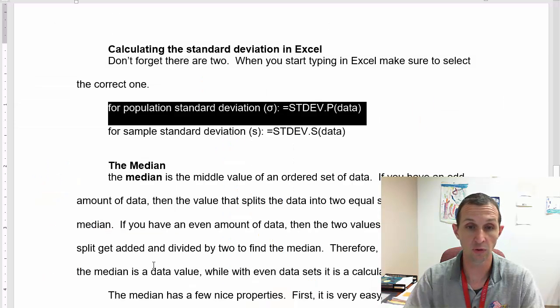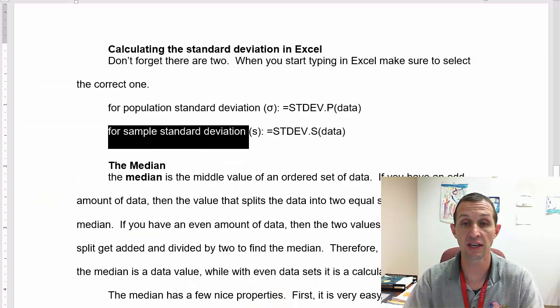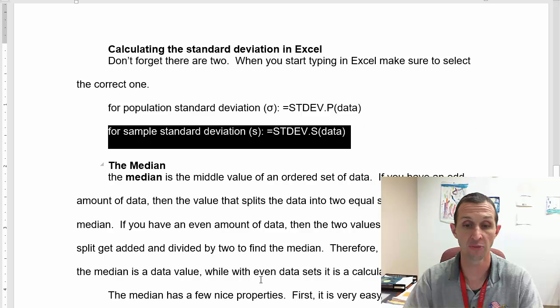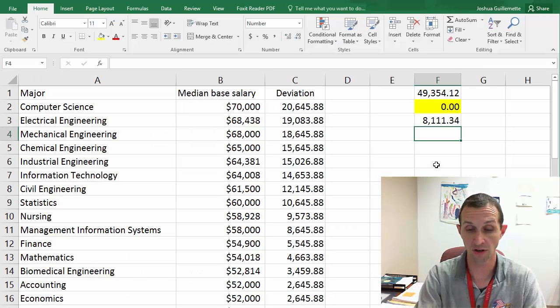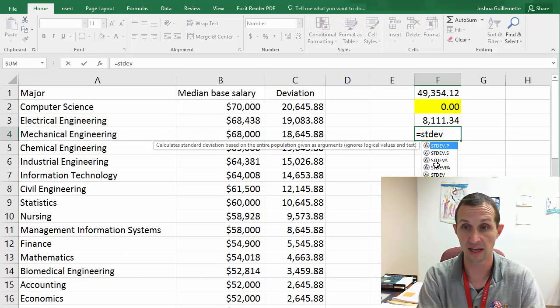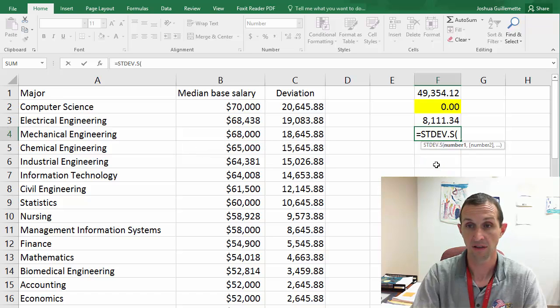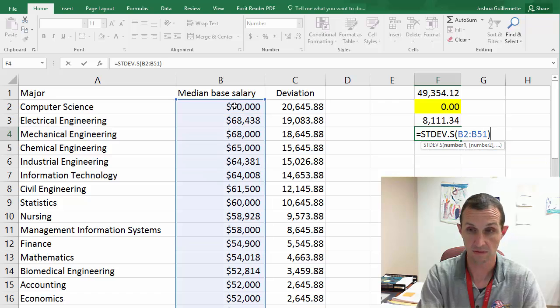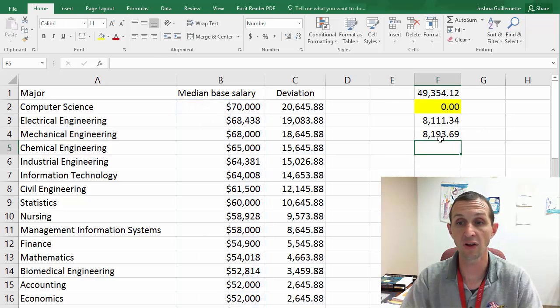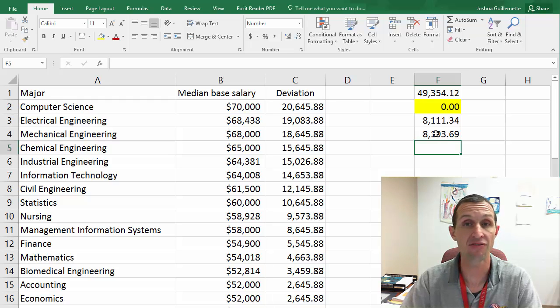Now, if I want to do the sample standard deviation, S, right, for sample standard deviation, then I use an S instead of a P. And so if I come over here, I go equals STDEV.S. And so I can do this. And you see it's only $80 more, right, out of 8,000. So it's like a 1% difference.